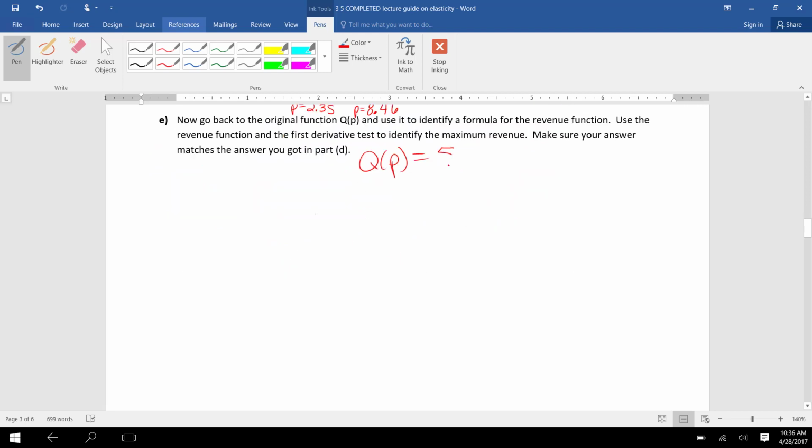The original function Q of P was 500,000 e to the negative 0.25p, where you plug in price and it outputs the number sold. It said use the revenue function and the first derivative test to identify maximum revenue. We're really just going through a different way of finding the highest revenue.